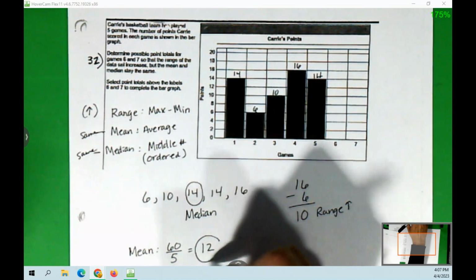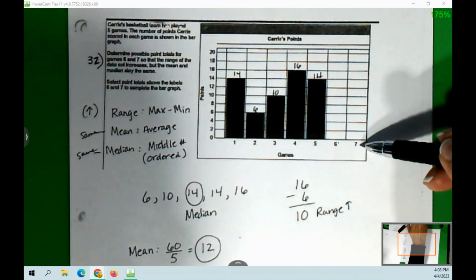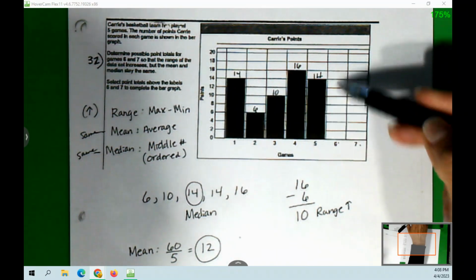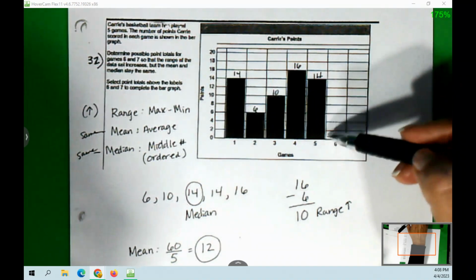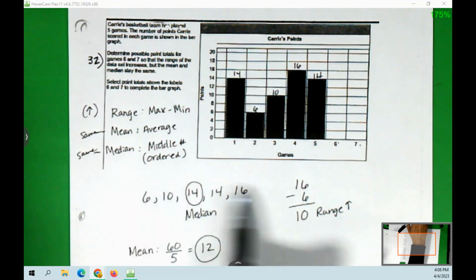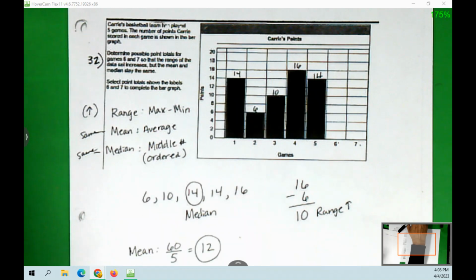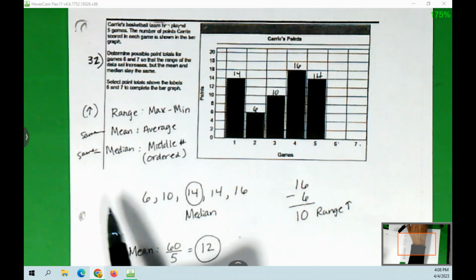So what they're asking for here in games 6 and 7 is for you to use the scroll bar. When you press the pointer on here, you can drag it up to use 2 numbers that are still going to average to 12, but they're going to make this spread of data, your range, much larger. Your maximum might have to be higher, or your minimum might have to be lower, or both.